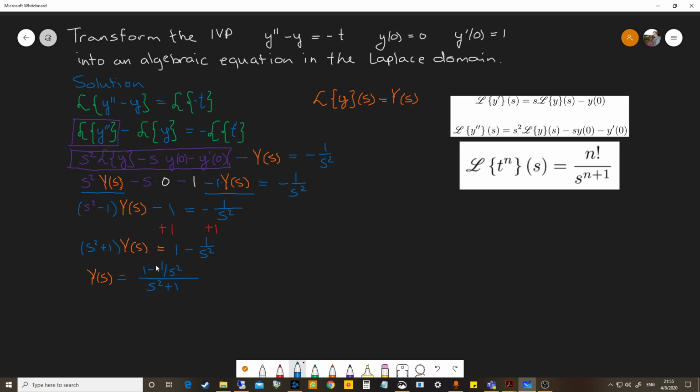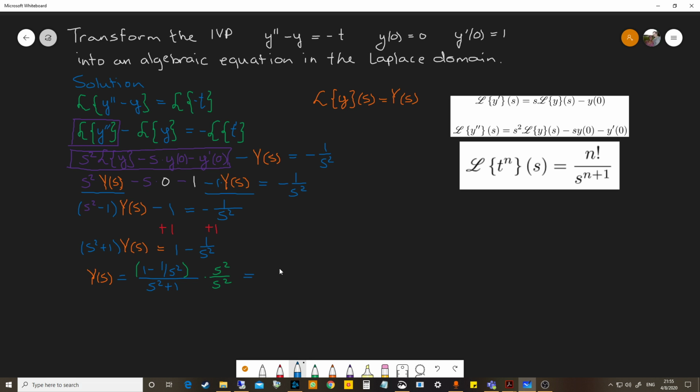Now that is a fraction in a fraction, and if we want to clean that up a little bit, we can multiply by a hidden 1, s squared over s squared. If we distribute that over the top, the numerator, you see that gets rid of the 1 over s squared in the numerator.